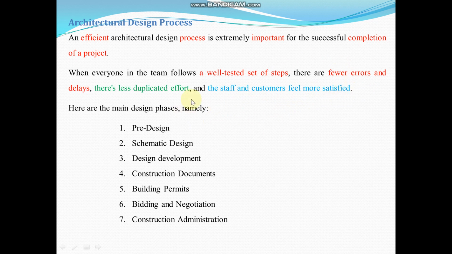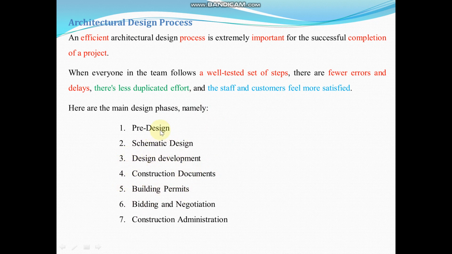Yes, when we make our design consciously, we get fewer errors, or we minimize our errors. We will minimize delays, and also minimize duplications. And lastly, we maximize the satisfaction of our customers.